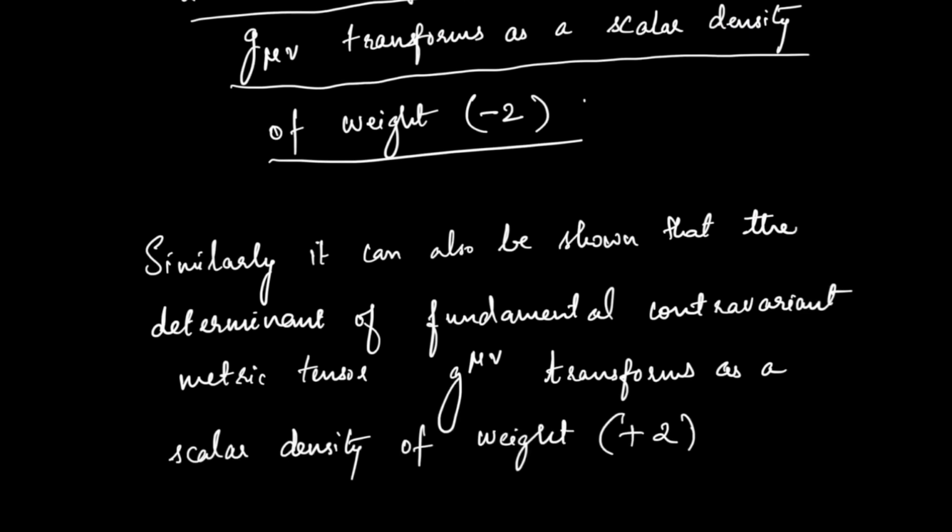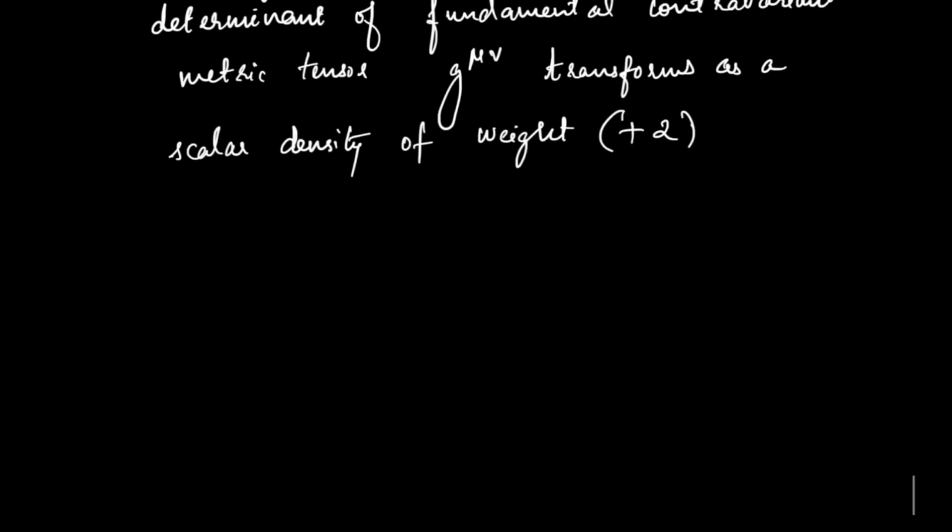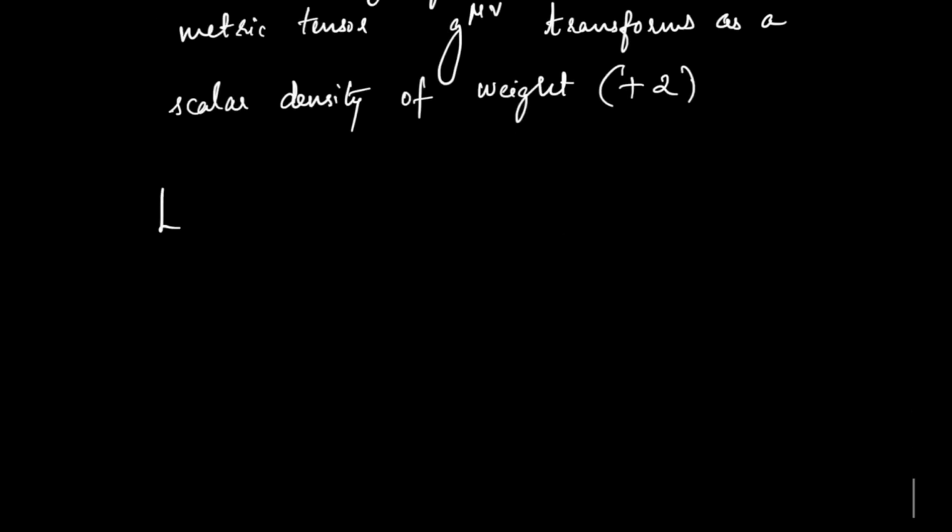So you can similarly show that in the case of a fundamental contravariant metric tensor, the determinant transforms as a scalar density of weight plus 2. So these are all scalar densities. But there is also a tensor density that is quite useful in curved manifolds. So the next topic is the Levi-Civita tensor density.